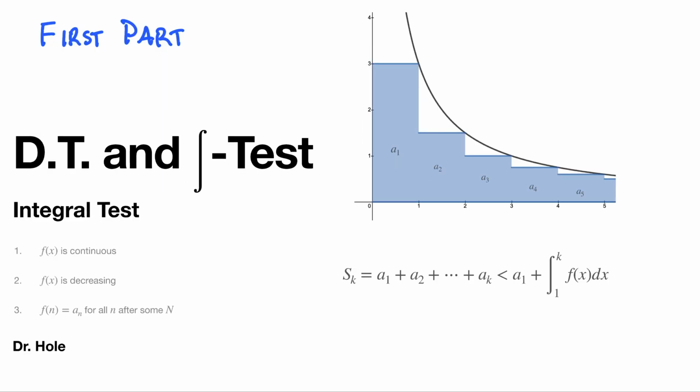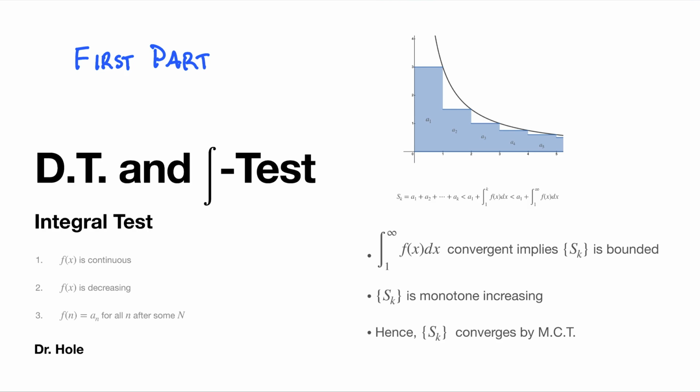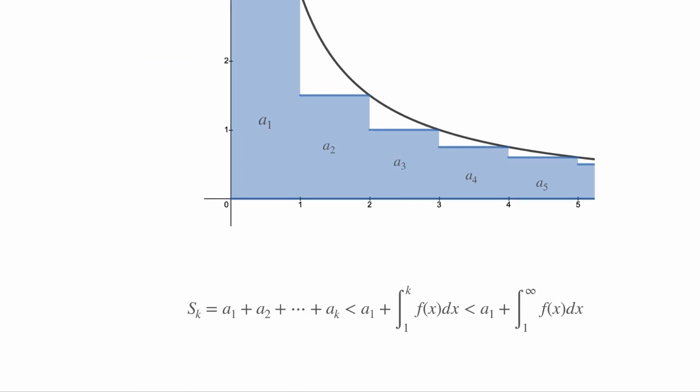Excellent. Let's draw some conclusions from this. All right, so here's what we were just looking at. And we're adding in this idea that a1 is a1, but that integrating from 1 to k is going to be smaller than integrating from 1 to infinity.